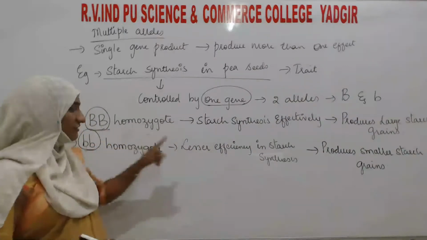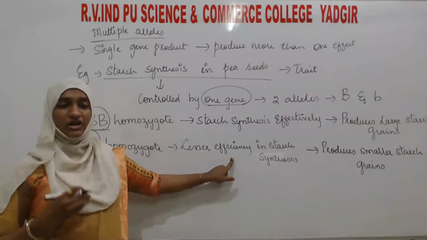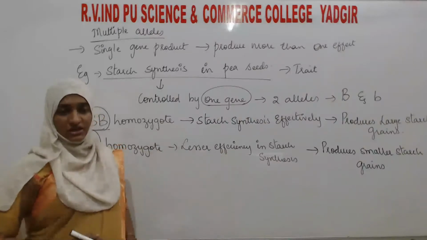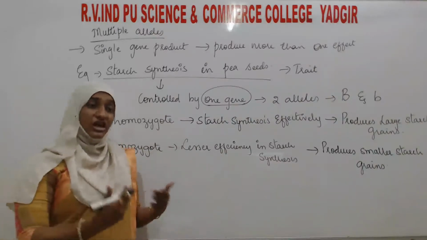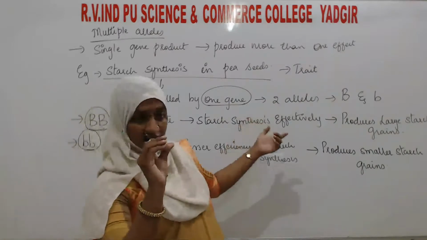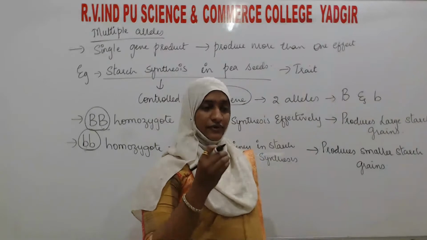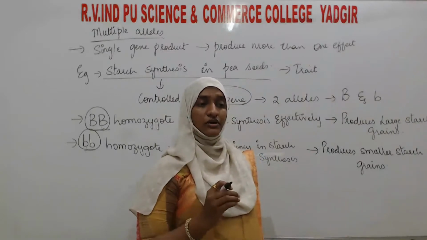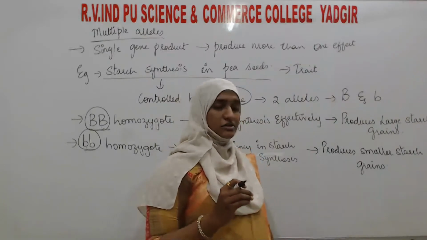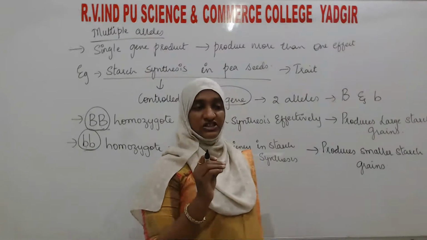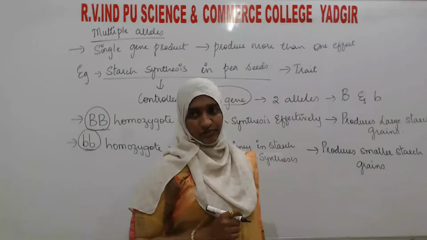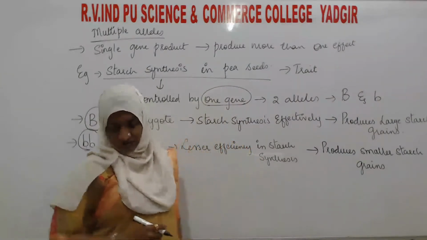Both recessive means less efficiency in starch synthesis. If more starch is produced, the seeds will be larger. If less starch is produced, the seed size will be smaller. So these are the two conditions.